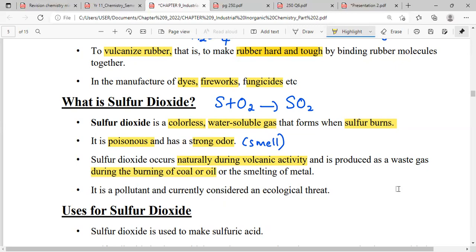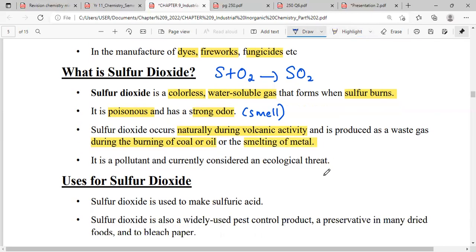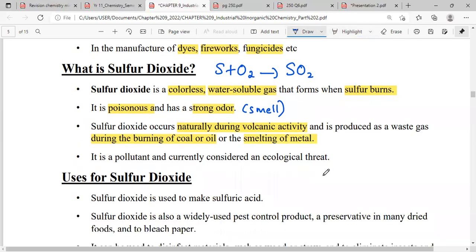Now the next one, smelting of metal. Smelting of metal refers to extraction of metal. We have learned before that during extraction of a metal, sulfur dioxide gas is produced. Which metal is that? Yes, it's zinc.